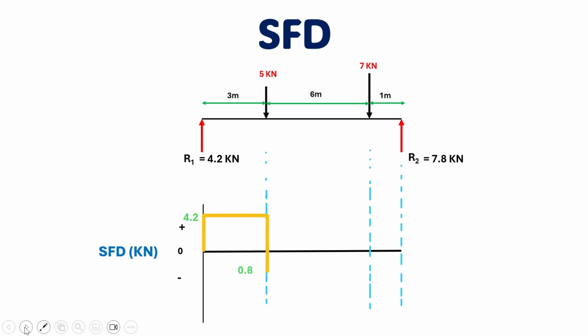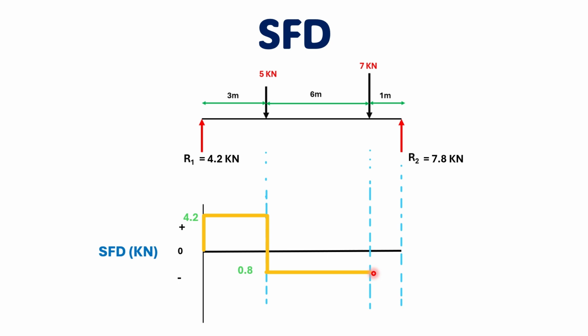You can see the value of 0.8 is below this line, so it is negative. Also see the free body diagram: we have no force from this point to this point, so we draw a straight horizontal zero-degree constant line.